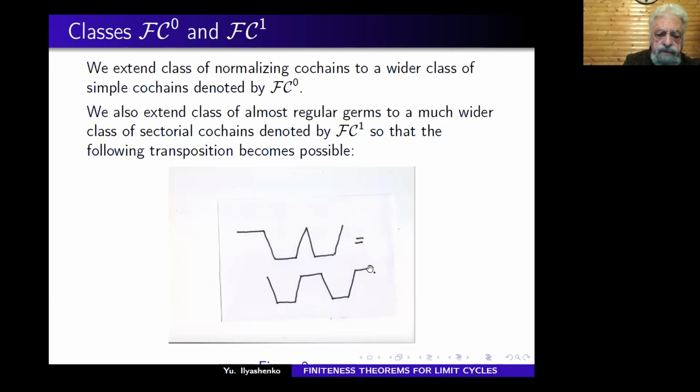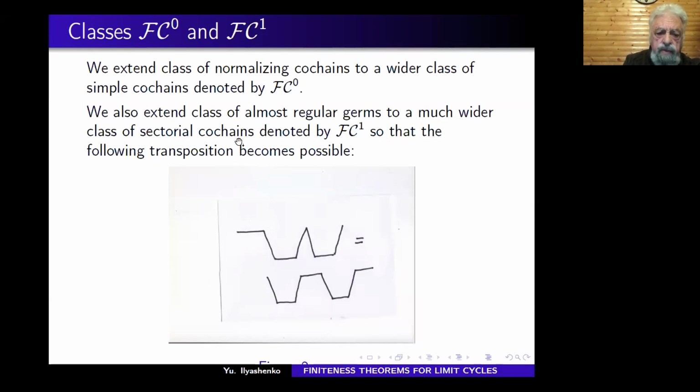The maps of zero level that are met here form a group, so their product is just one map of zero level. In order to do that, we must extend normalizing cochains to a wider class of cochains, which is denoted FC0. These cochains occur on the zero level.